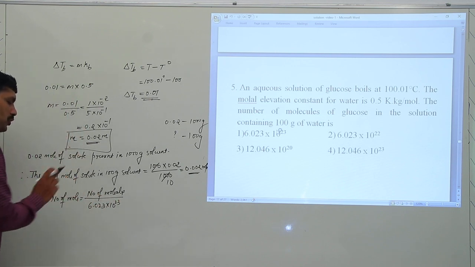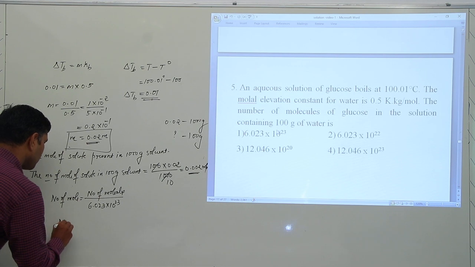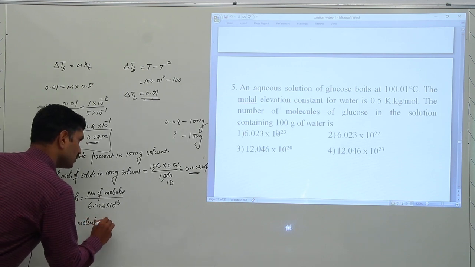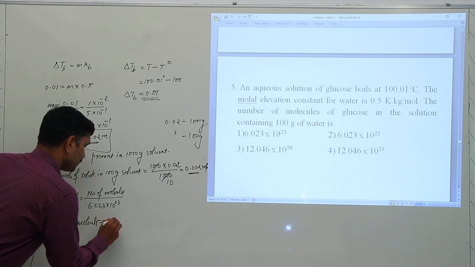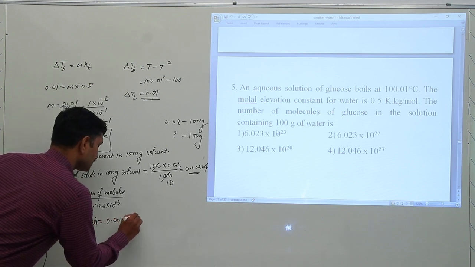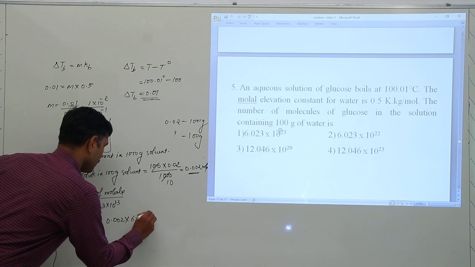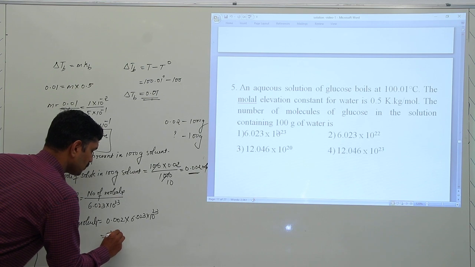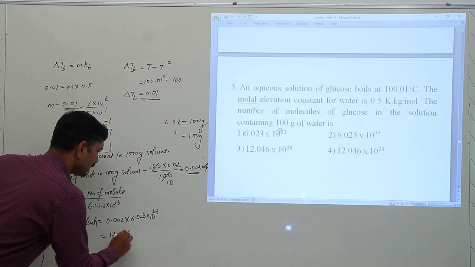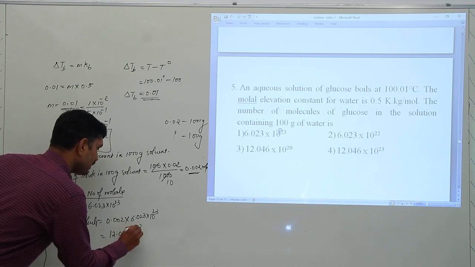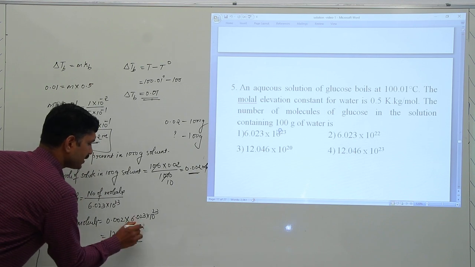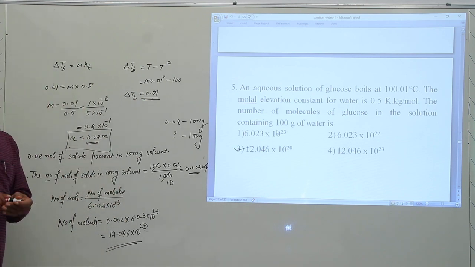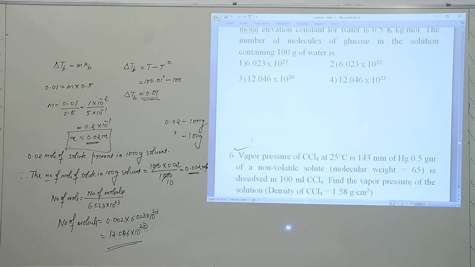On this basis, find the number of molecules. So the number of molecules is equal to the number of moles, 0.002, into Avogadro number, 6.023 into 10 to the power 23, which gives 12.046 into 10 to the power 20. This is the final answer. So the third option is correct here. This is the number of molecules. Next question.